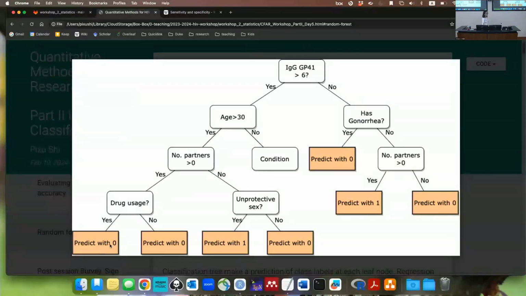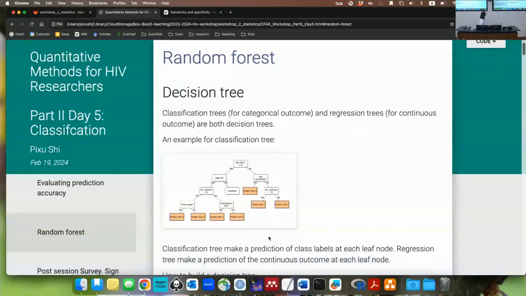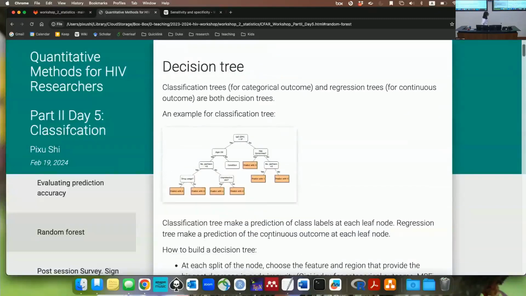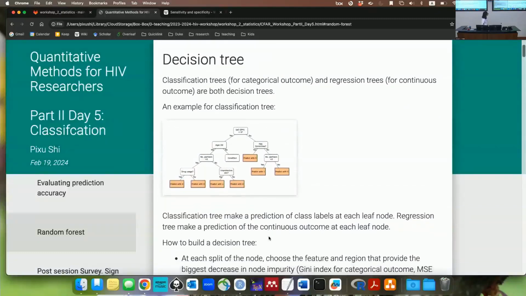And you don't have to have binary outcomes. You can have multiple labels, and it's the same. So it can be predicted with A, B, and C in the leaf nodes.